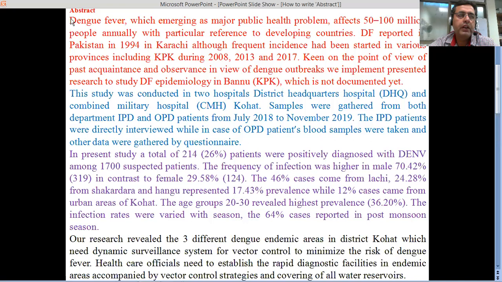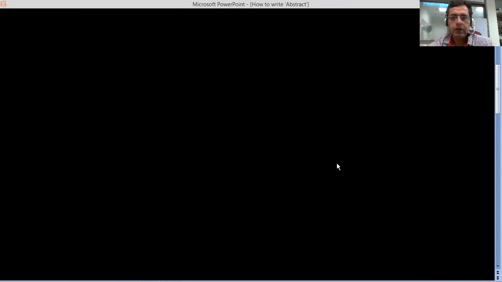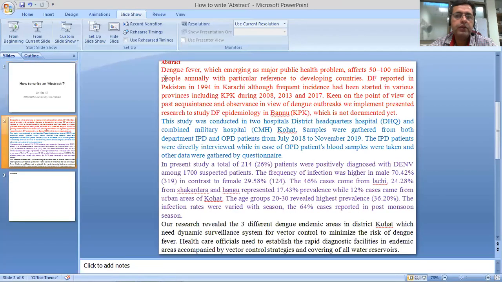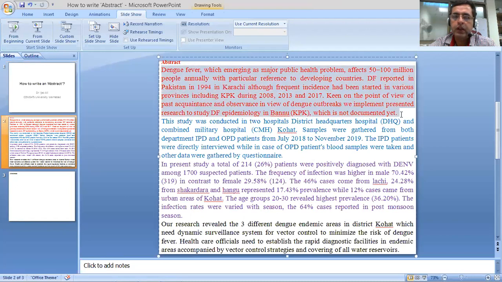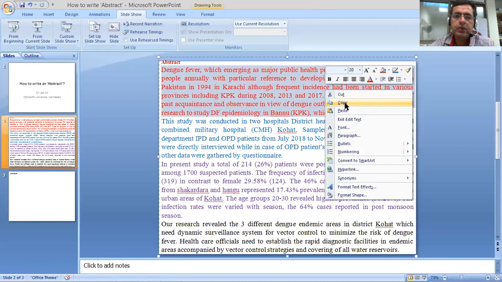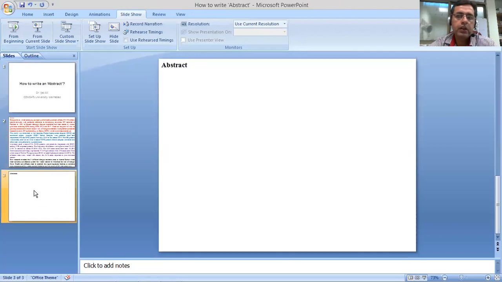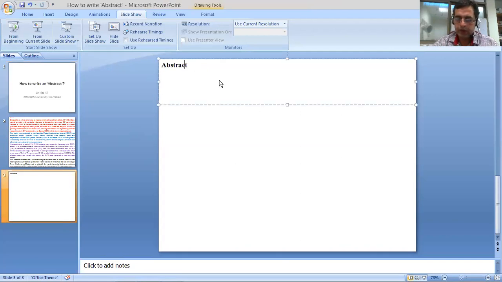So let's now copy this first part, the background, and correct it. How are we going to correct it? Because this actually is not the correct version. I just want to show you how you can make changes to this particular part. I copy it, I go to the next slide, and here I will paste it.